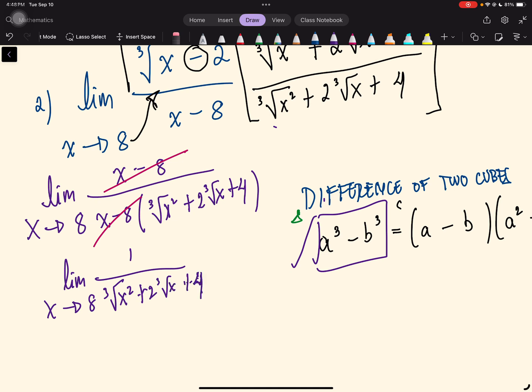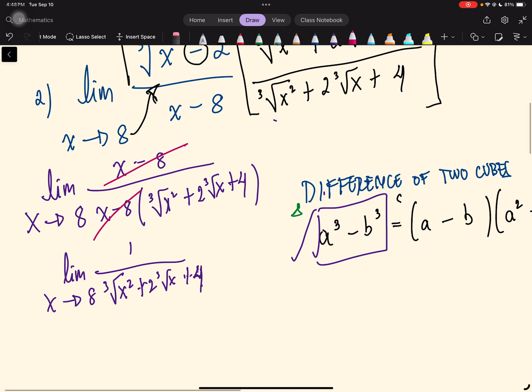Okay, so now we can direct substitute 8. So when we direct substitute, it's going to be 3, 8 squared plus 2 times the cube root of 8 plus 4.